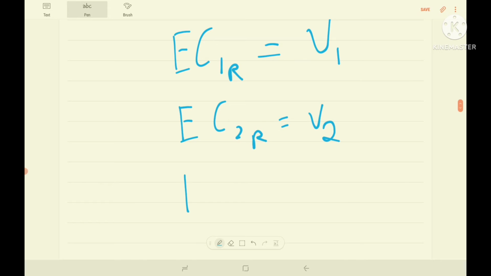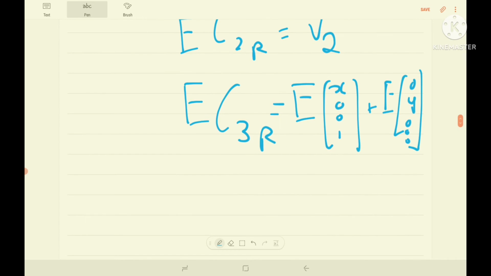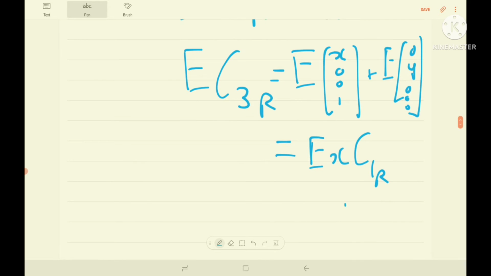I can write E times C3 of R to be E times (x 0 0 till the end) plus E times (0 y 0 0 0 till the end), which is nothing but x, a scalar, times E times C1 of R plus y times E times C2 of R.